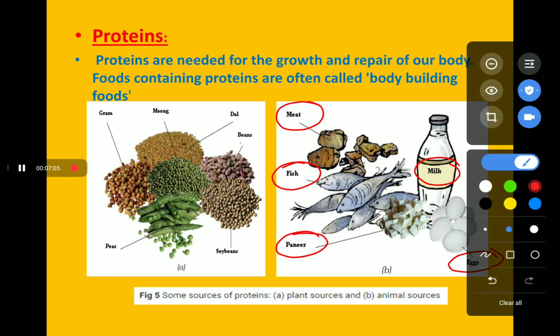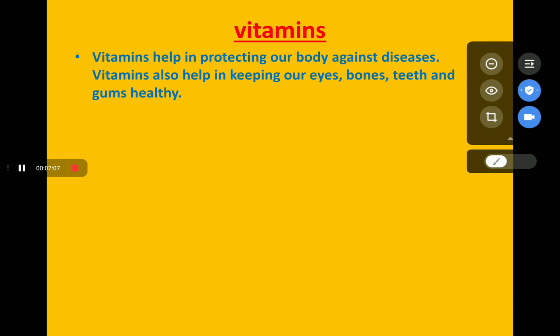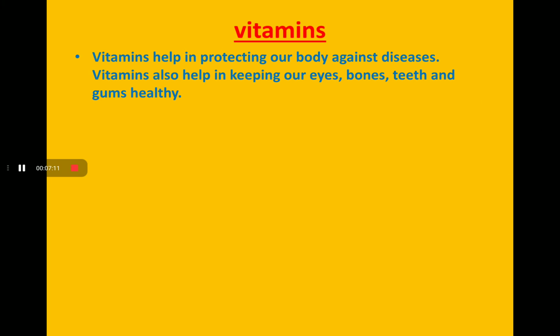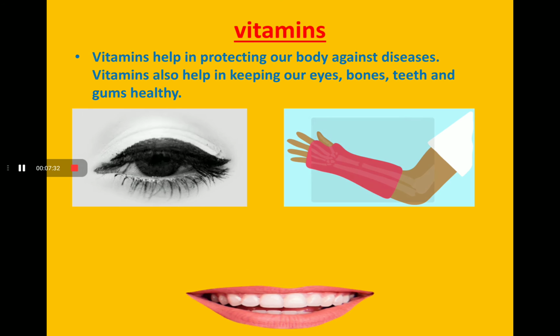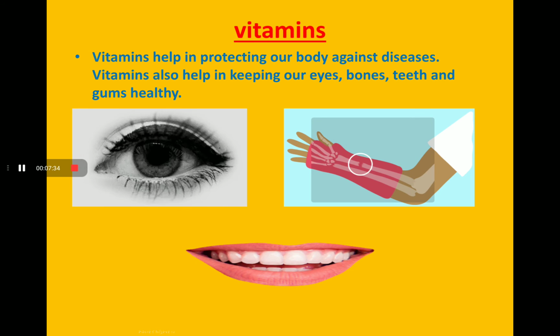Now, in the next slide, the topic is vitamins. Here, vitamins help in protecting our body against disease. Students, pay your attention that vitamins help in protecting our body against disease. Vitamins also help in keeping our eyes, bones, teeth and gums healthy.